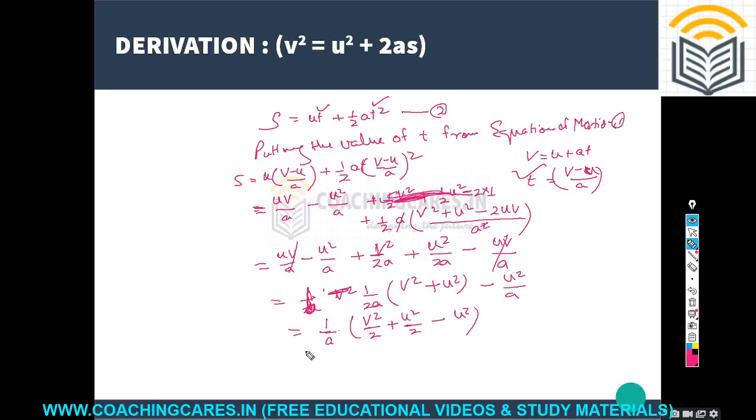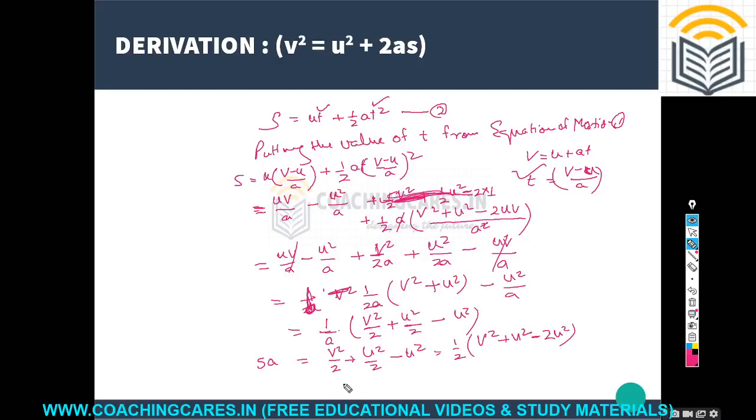We can write this way: SA is equal to v square by 2 plus u square by 2 minus u square. So we can take 1 by 2 common outside. So that will become v square plus u square minus 2u square.